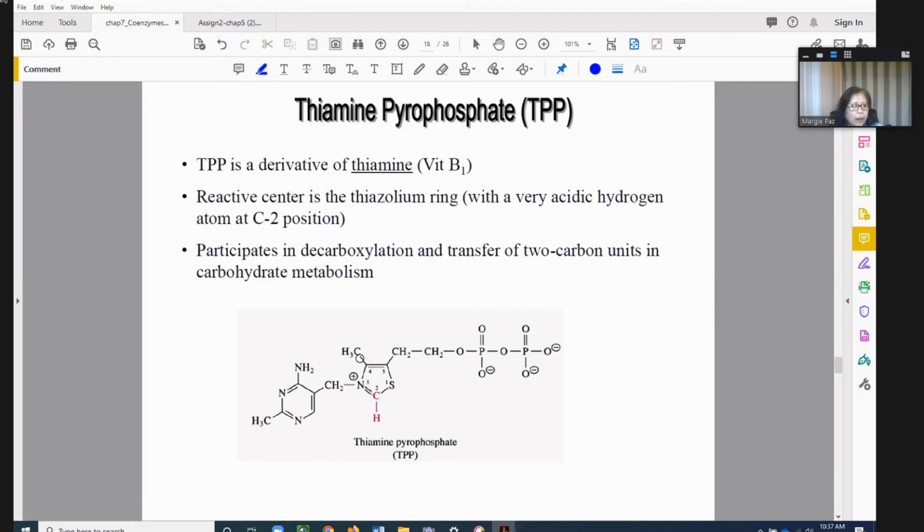All right. Thiamine pyrophosphate is derived from vitamin B1. So vitamin B1 serves as the precursor to TPP, and thiamine or vitamin B1 is this group here.